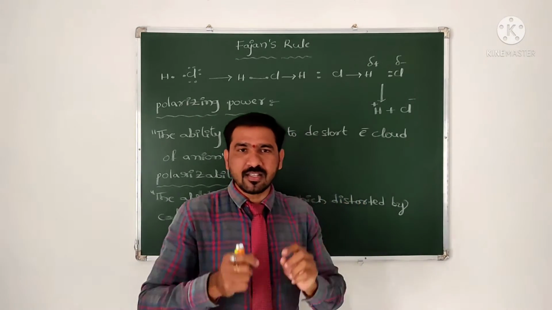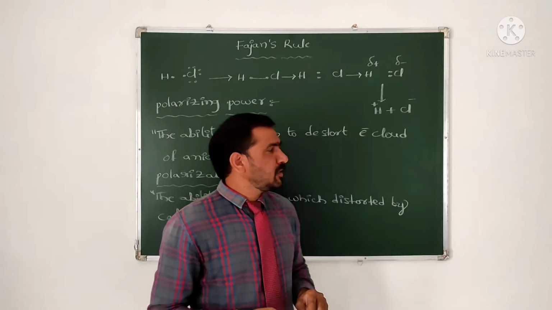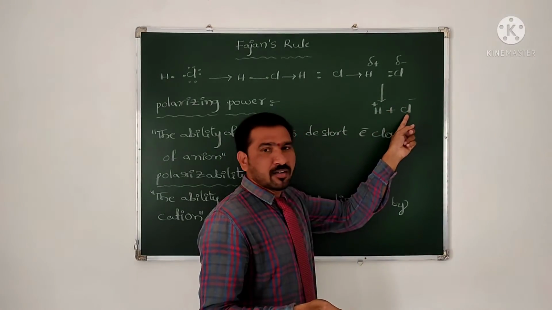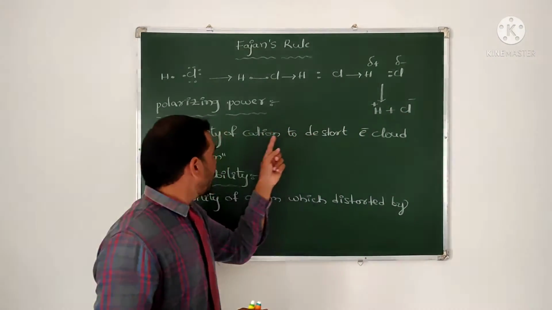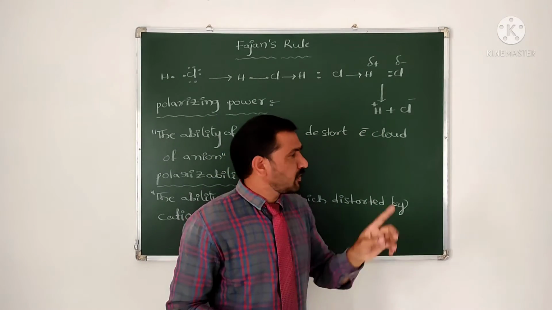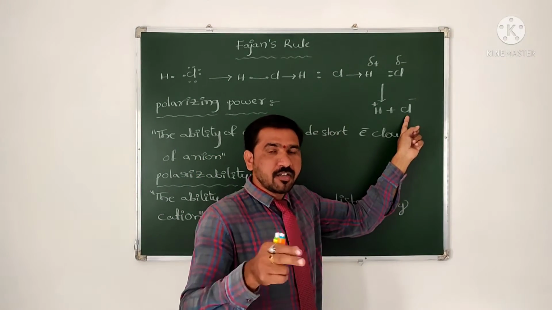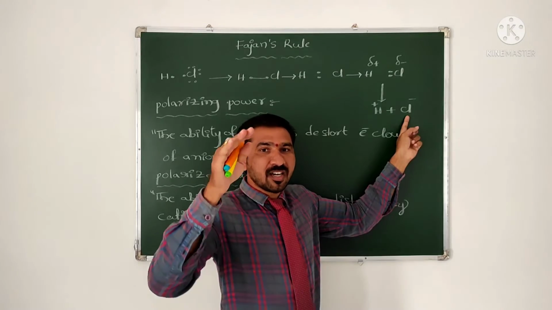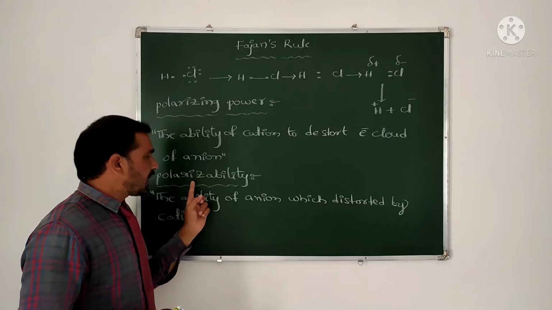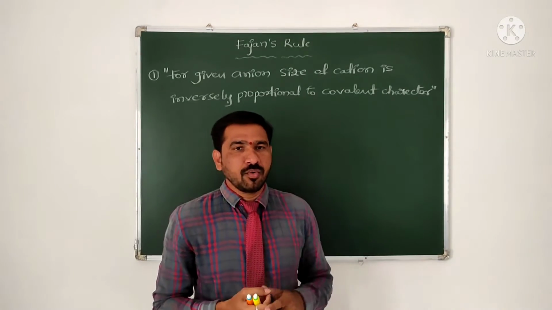That phenomenon is called polarization, right? Then the ability of this cation to distort the anion electron cloud is called the polarizing power of cation. Is it clear? Then the ability of anion which is distorted by this cation is called polarizability. Isn't it? Okay. Now coming to Fajan's rules.